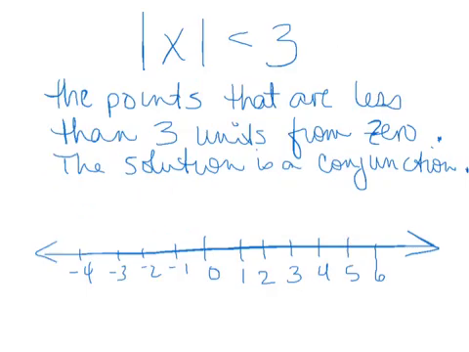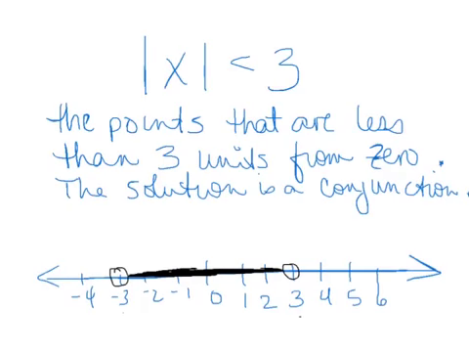Absolute value inequalities: the solutions are the points that are less than 3 units from 0. So the solutions are everything inside here, okay, not including -3 and +3.